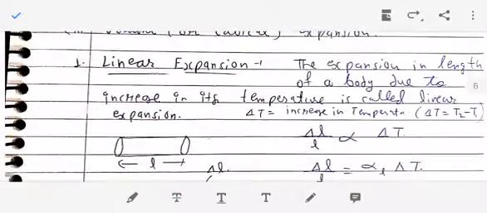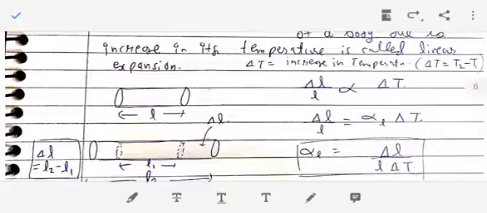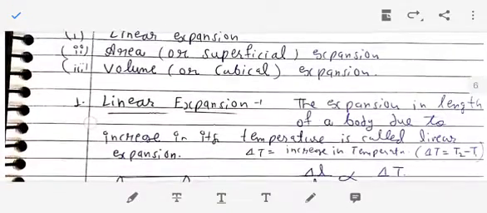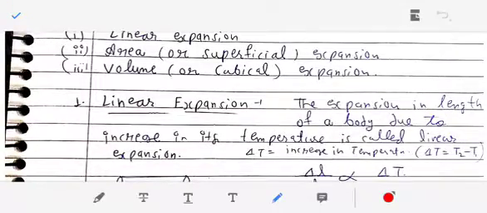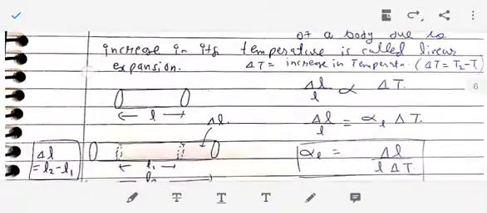The expansion in length of a body due to an increase in its temperature is called linear expansion.